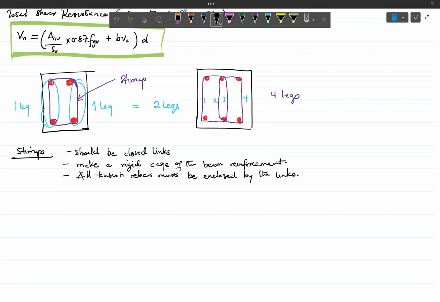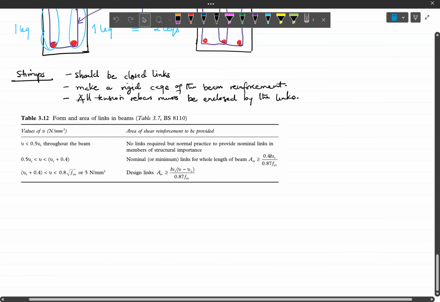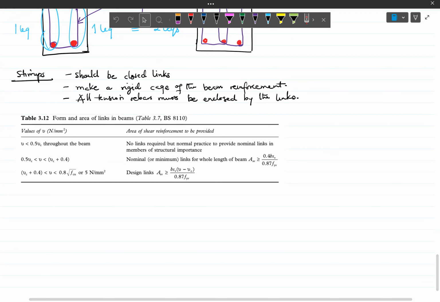Paste this here. Okay, great. So when defining shear links, or the area of shear links that we need, and also the number and locations, there are 3 conditions that we have to satisfy.